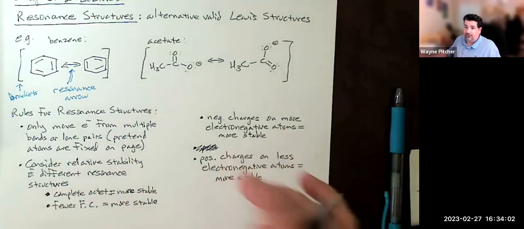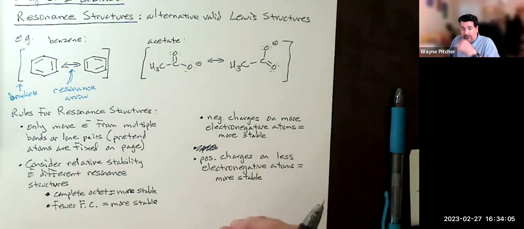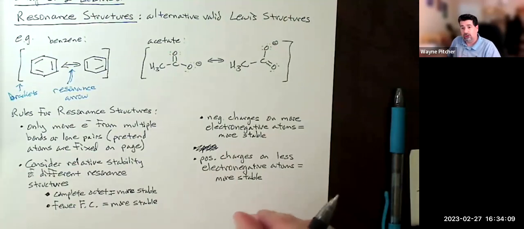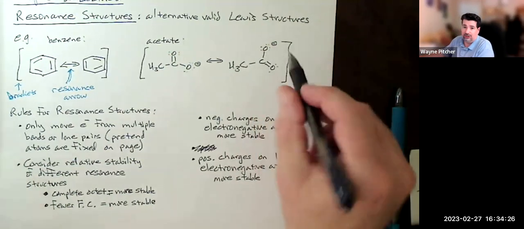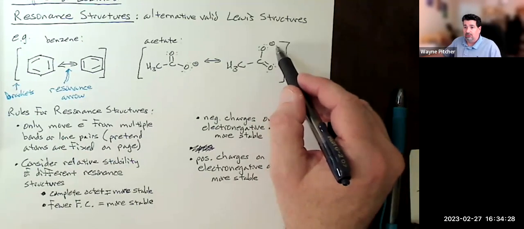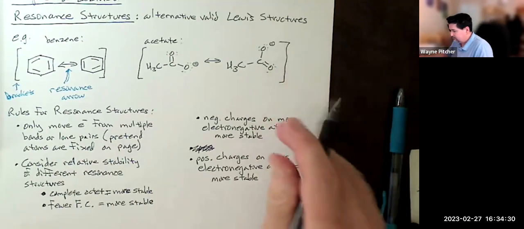And you can think of that just when you think of what electronegativity means. It's the tendency for an atom to pull electron density onto itself when it's in a covalently bonded compound. So we have a full negative charge that's going to be happier, quote unquote happier, on an electronegative atom than it is on a less electronegative atom. So negative oxygen will be more stable than a negative carbon.